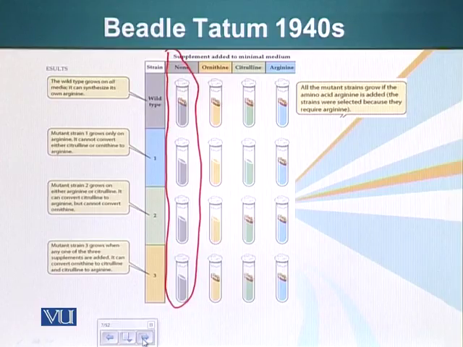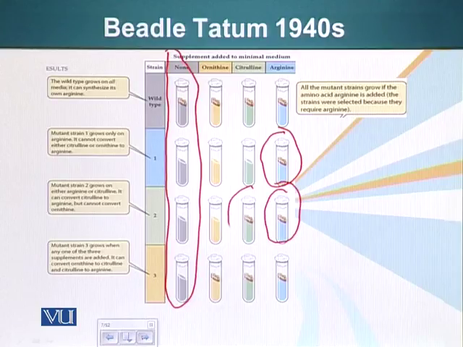There's mutant strain number 1. It could not grow unless arginine was provided. Even ornithine and citrulline, which are intermediates in the arginine biosynthetic pathway, could not recover these mutants. Other arginine mutants could be recovered not only with arginine but also with citrulline.